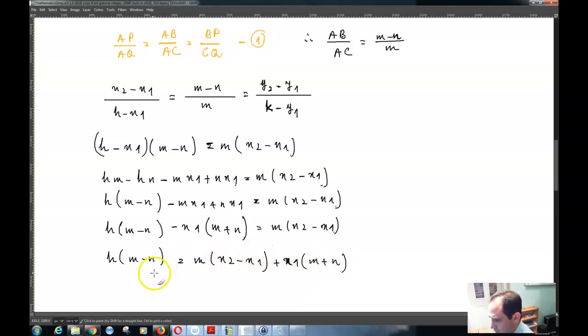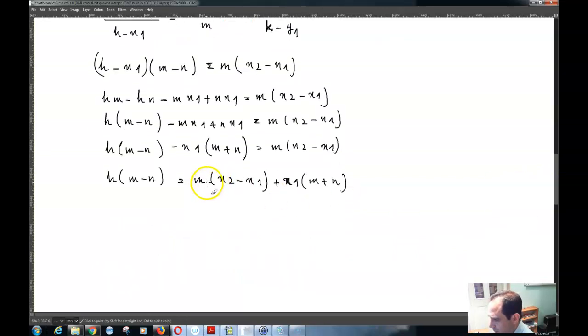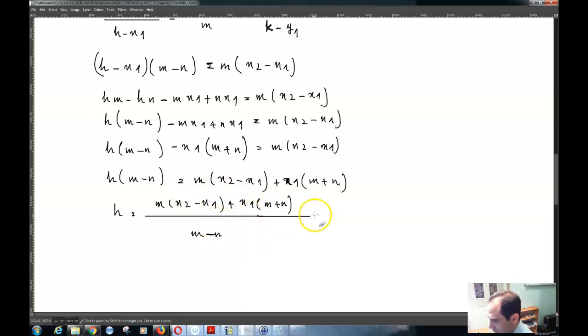And so what that means is that h is equal to m times (x2 minus x1) plus x1 times (m plus n), over m minus n. Now, of course, you can simplify this a little bit.